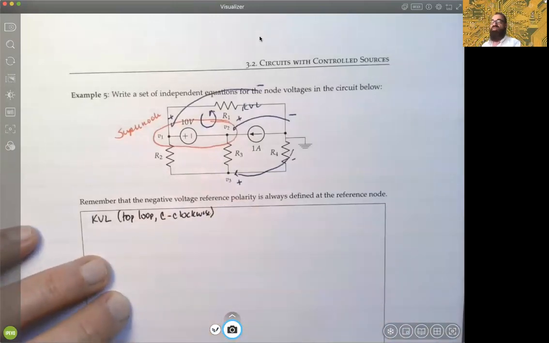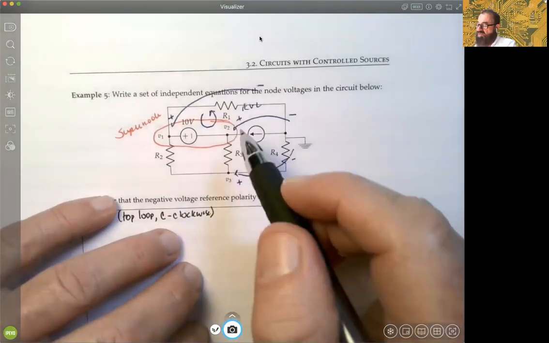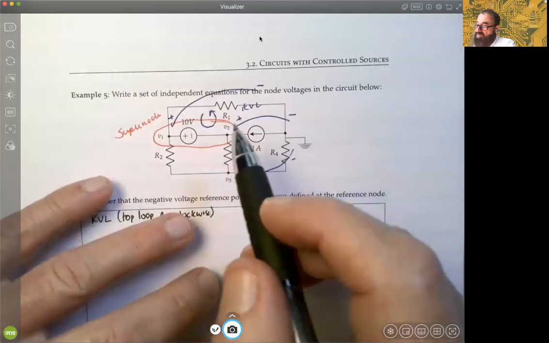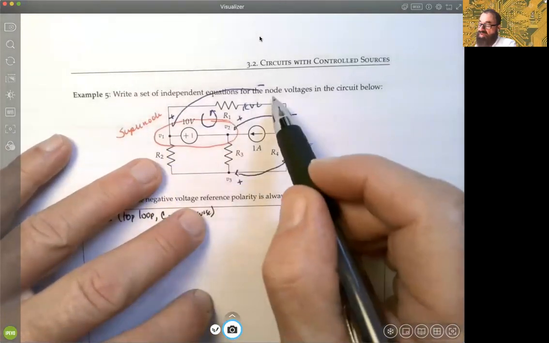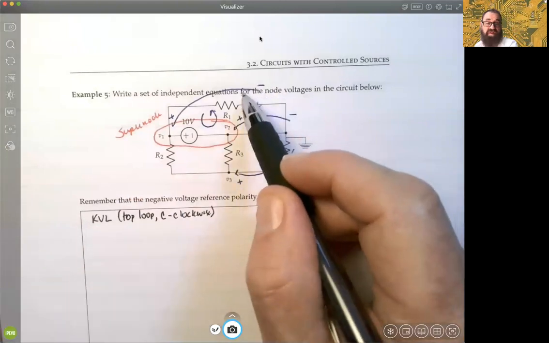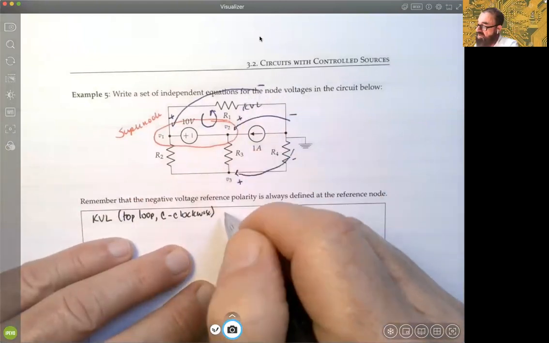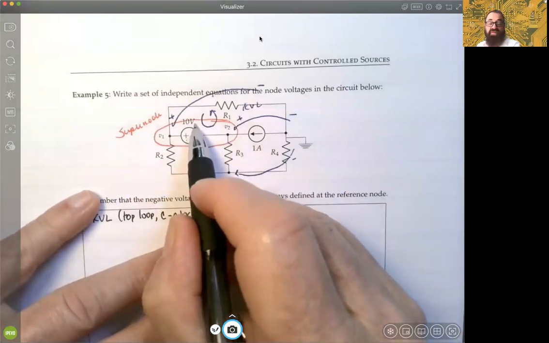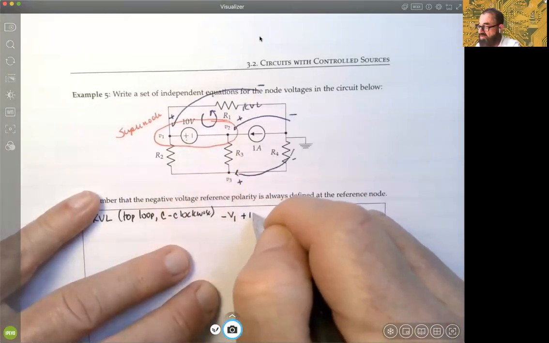All right. So if we're going counterclockwise, and again, we're only representing voltages, okay, that we are encountering, right? So in this case, for the nodal voltage V1, we're coming in, if we're going counterclockwise, we're coming into the bottom of the arrow, so that'll give us a minus polarity, so we'll have minus V1. Then we'll come into the positive polarity for that voltage source, so we'll be plus 10 volts.